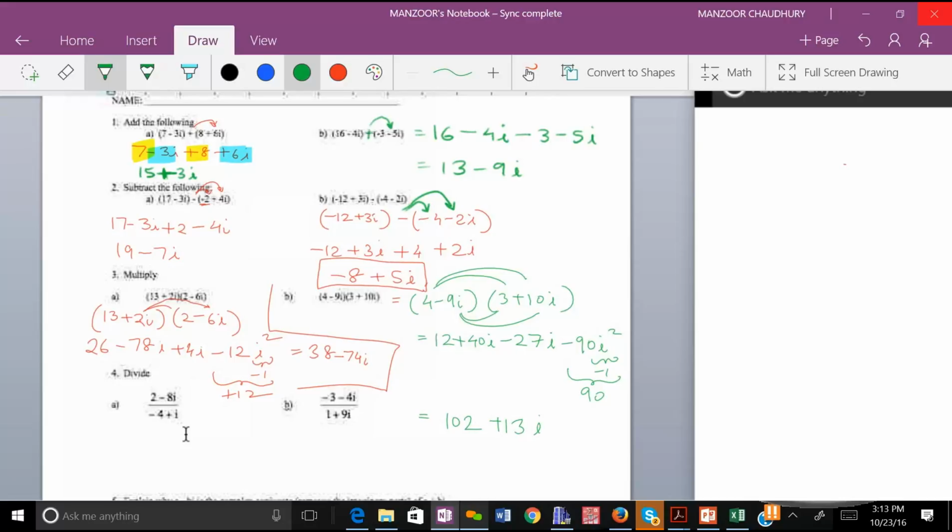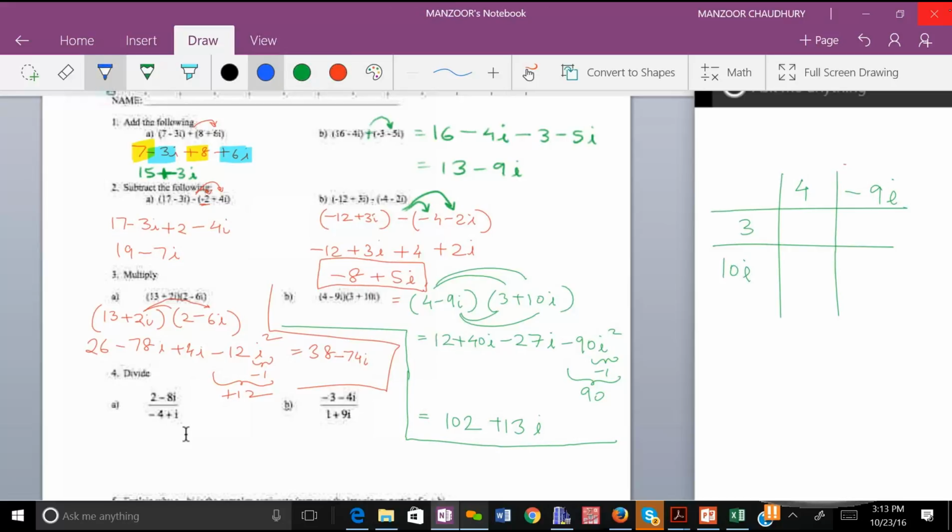Can you use the box method for this as well? Absolutely. I'll show you right here. Actually, I like the box method more. Most people don't like it. 4 minus 9i, 3 plus 10i, right? So you multiply 4 and 3, so it becomes 12. 4 and 10i would be 40i.